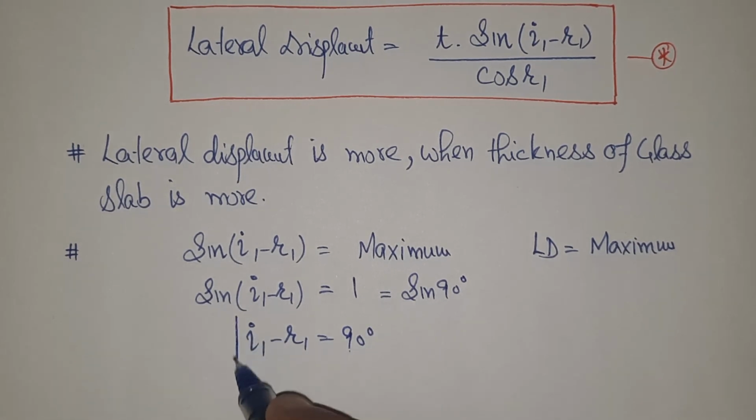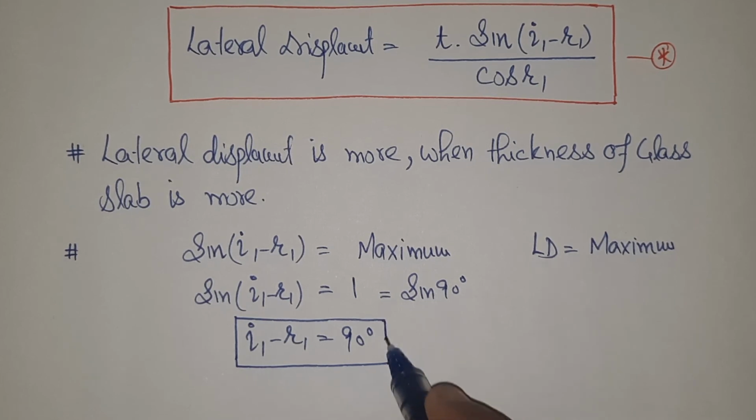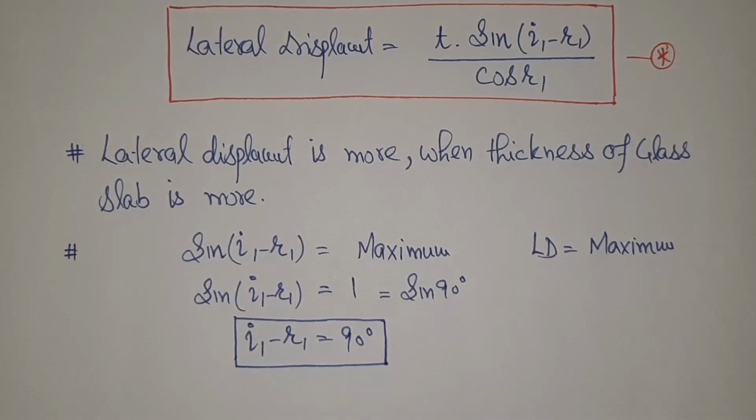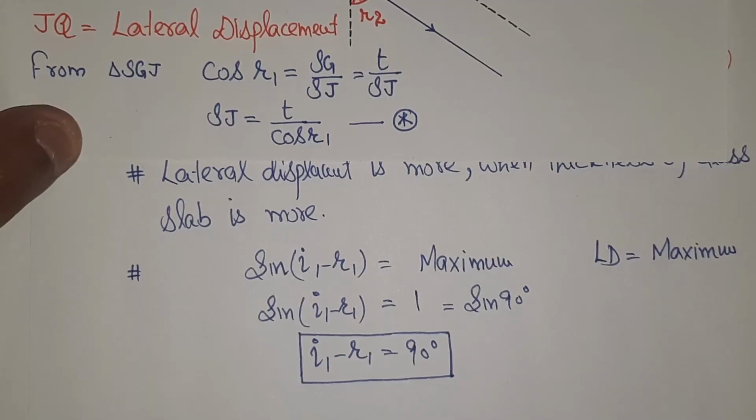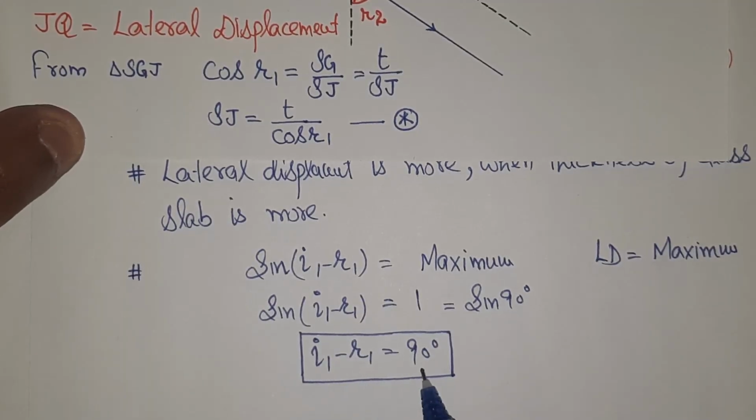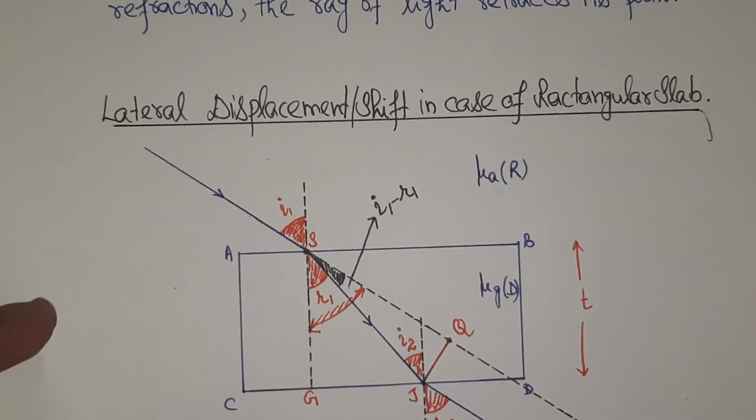Now go back to the diagram. How is this I1 minus R1 equal to 90 degrees possible, and when? You will understand this from the diagram.